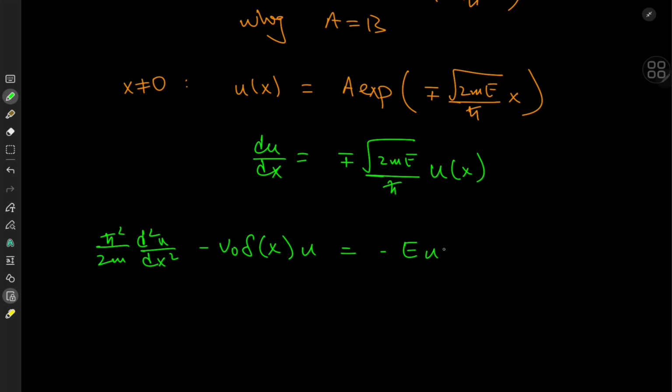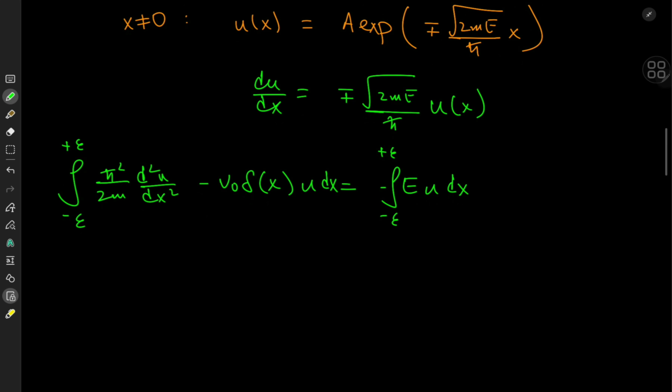Oh, yeah, u again. So I'm interested in integrating this from negative epsilon to positive epsilon, where epsilon is just some positive real number. And of course, we're integrating with respect to x. So what does this mean for us?